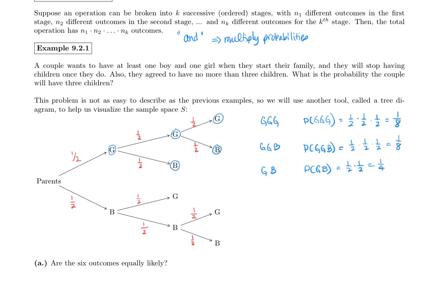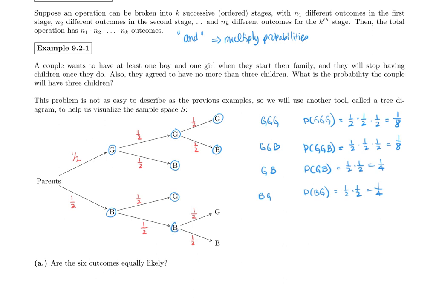Interesting. That's not the same probability as the other two. Well, if we follow the same path on the bottom, we find out that we could have a boy and then a girl. And that probability of boy and girl would be 1/2 times 1/2, which is 1/4.